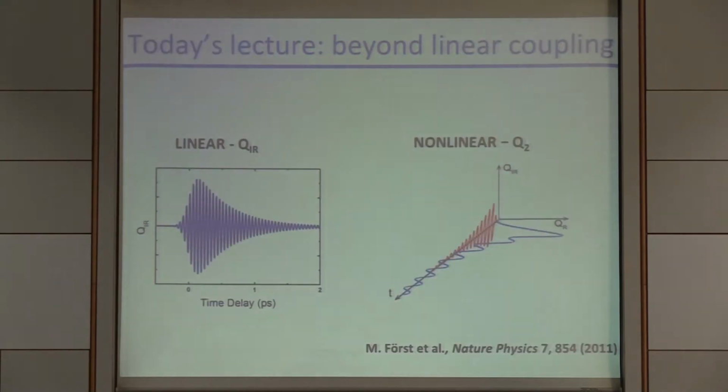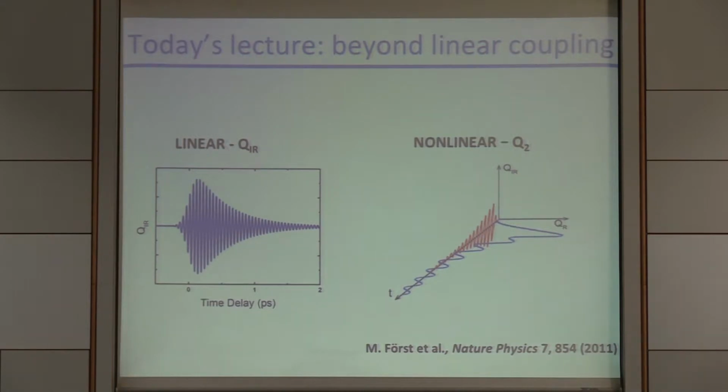In the same way that we think about nonlinear optics, we can think about nonlinear phononics, and we can look at how a particular linear mode, when driven to large amplitudes, couples to many other modes according to various rules.